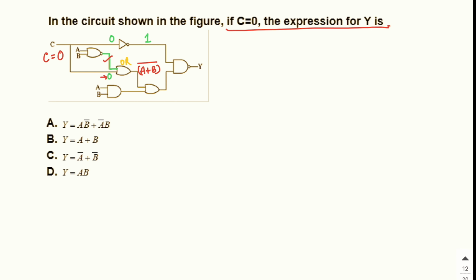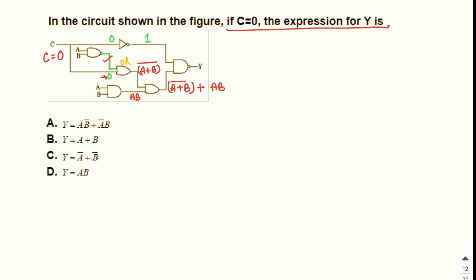Then this is getting as an input to another OR gate, the second input to which is A dot B, because we have an AND gate previously. So the output at this point will be (A plus B) whole bar plus AB, and this all is going to your output, that is Y.